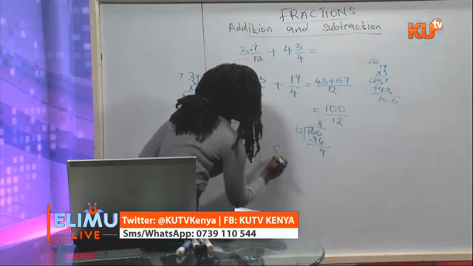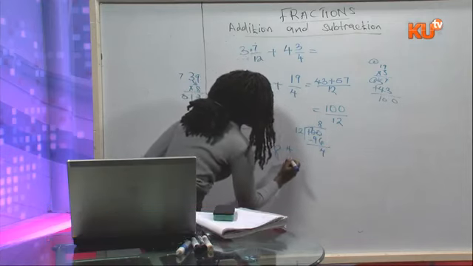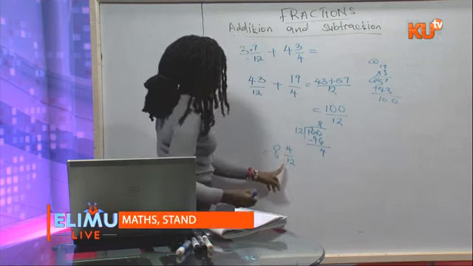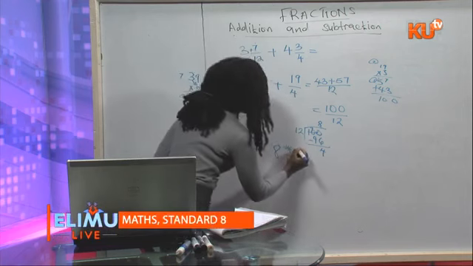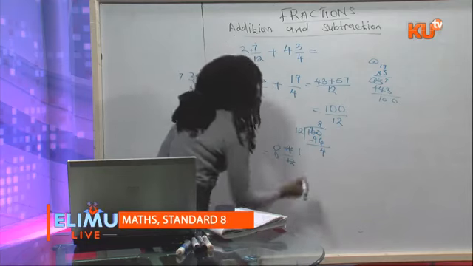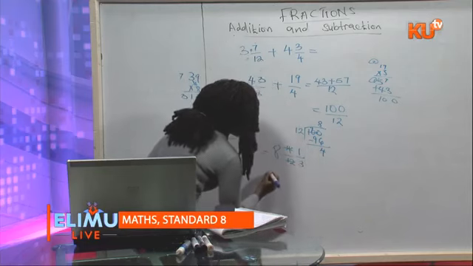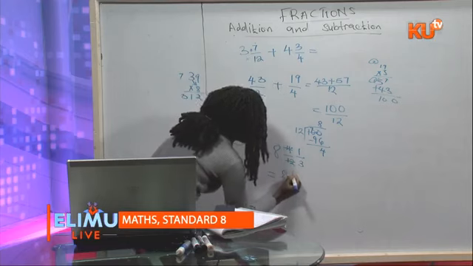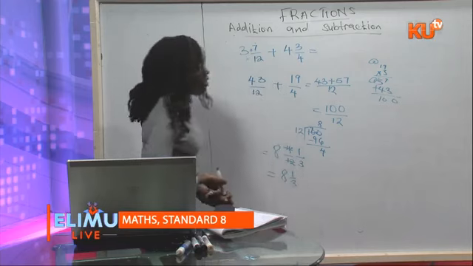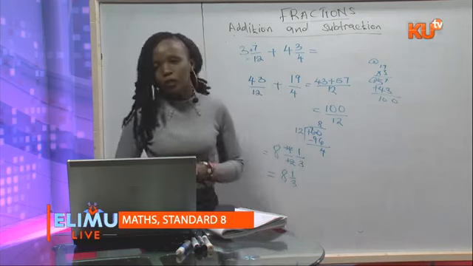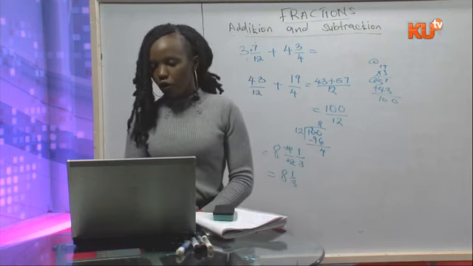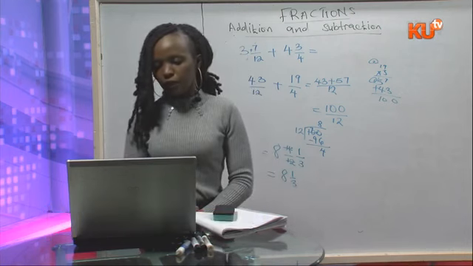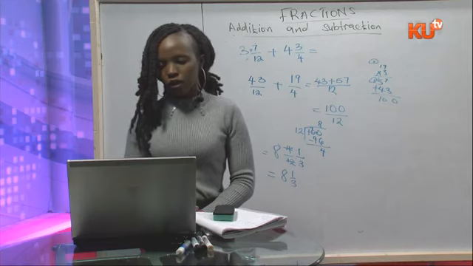So we're going to have 8, 4 over 12. 4 over 12 can be simplified, so we divide by 4. 4 divided by 4 is 1. 12 divided by 4 is 3. So we get 8 and a third as our answer. So that is about addition, and I hope we are following and we are together in that.